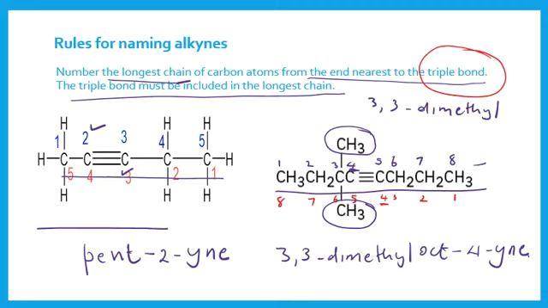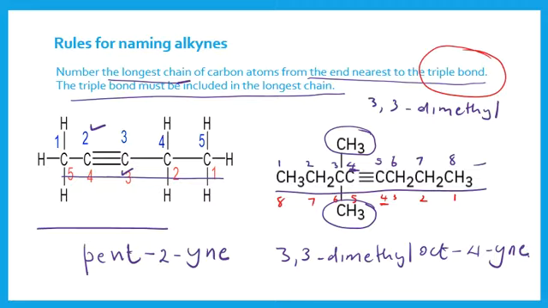Now please note that this is methyl and this is another methyl, so we are going to have dimethyl. We're going to name this as 3,3-dimethyl.